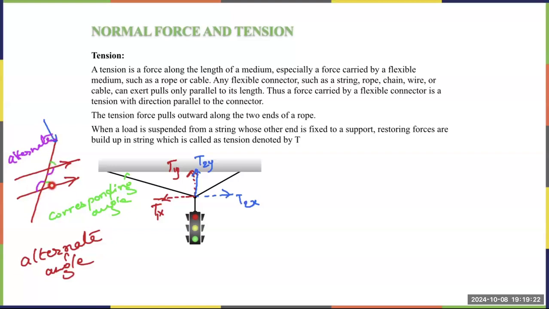So this angle and this angle, because this is a parallel line and this is also a parallel line, are equal, corresponding. They correspond the same way, but here they correspond on the alternate side. So in these conditions, when we have this angle theta 1 here, this angle is theta 1, this angle is theta 2, so this angle is theta 2. That's why here I can write this as theta 1.